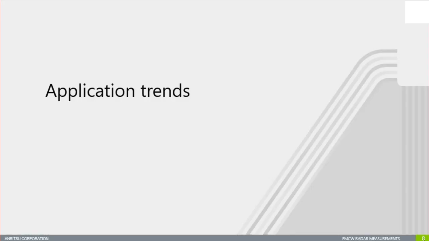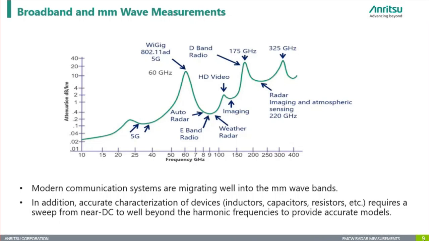So let's continue with the application trends where we will be using the FMCW radars. As technology advances, modern communication and radar systems operate across a wide range of frequencies, like wireless communication technology, where the standard IEEE 802.11ad utilizes the 60 GHz millimeter wave band. 5G technologies operate in both sub-6 GHz and millimeter wave bands, 24 GHz to over 100 GHz.